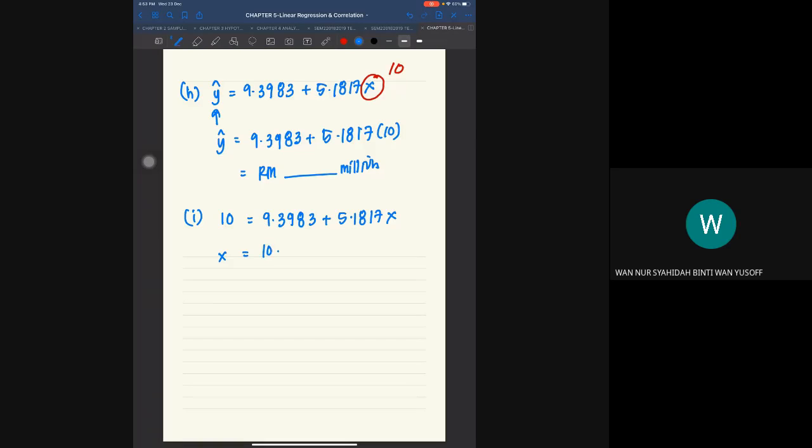X equal to 10 minus 9. Since we predict the X, automatically X ni akan jadi X cap lah, because Y cap means prediction. So because we predict the X, then X ni with the cap. You akan dapat nilai dia, don't forget the unit which is km. Any question?